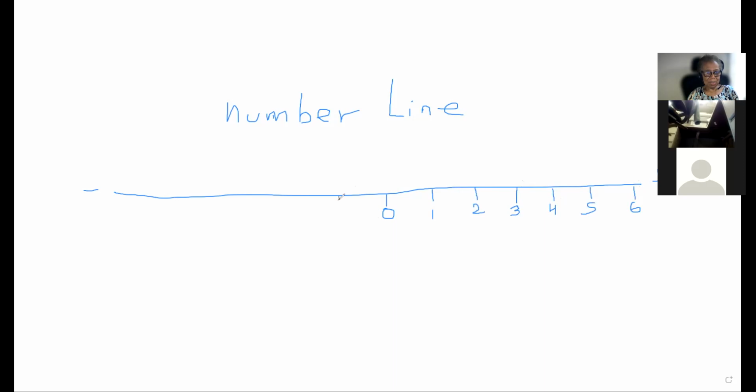So this would be -1, and -2, and -3, -4, -5, and not quite to scale, I'll just put a -6.